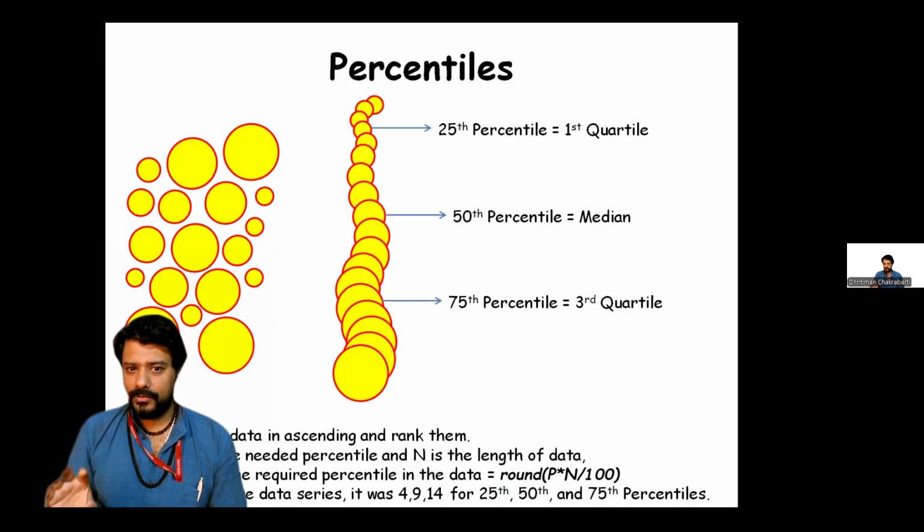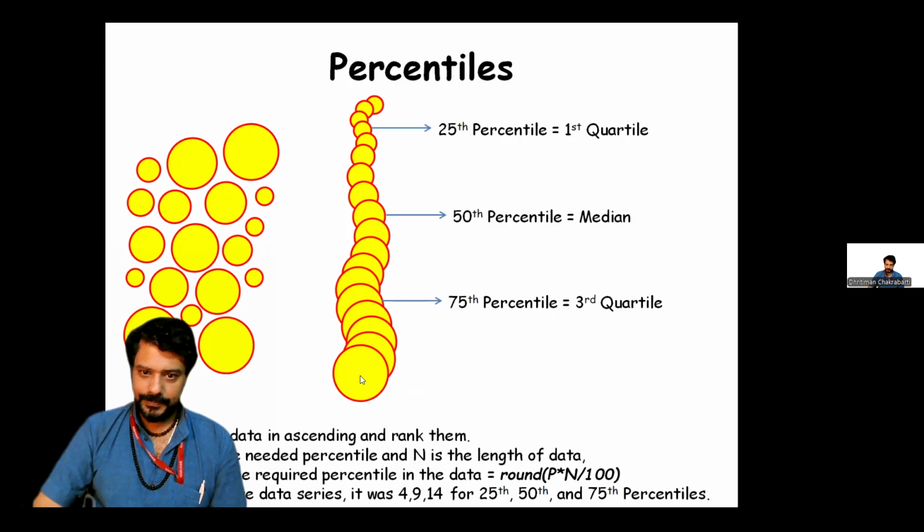Now let's go about how do we calculate the percentiles. First, you arrange your data series in an ascending order. So here I have arranged it in an ascending order. Now after that, if you want the 25th percentile, then P is the needed percentile, that is 25, and N is the length of data. Here it is 18 samples.